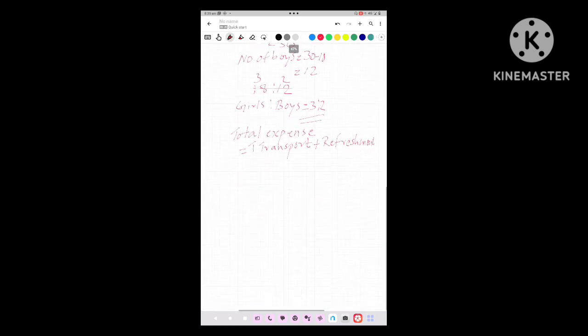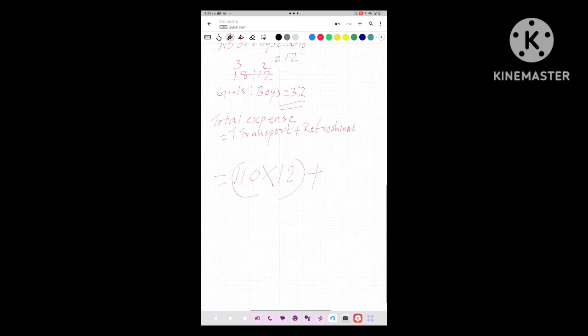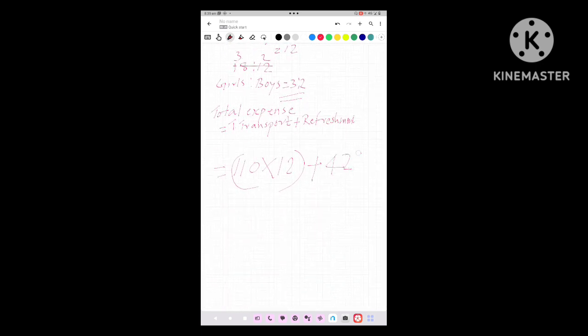So total transport is 110 kilometers into 12, plus the refreshment charge is 4,280. So what is 110 into 12? 1,320 rupees, plus 4,280. By adding we get 5,600 rupees. This is the total expense.